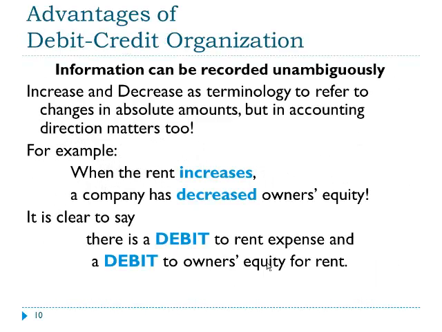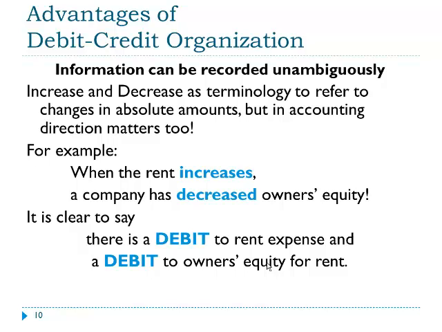The advantages of this debit and credit organization is that the words increase and decrease, which are familiar words, become very complicated when we're talking about effects of transactions. For example, when rent increases, a company has decreased owner's equity.